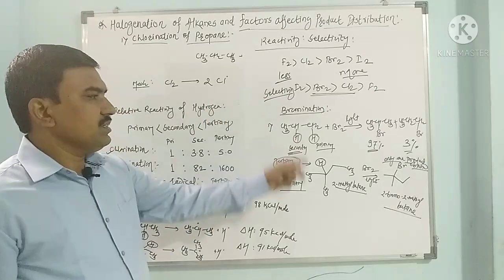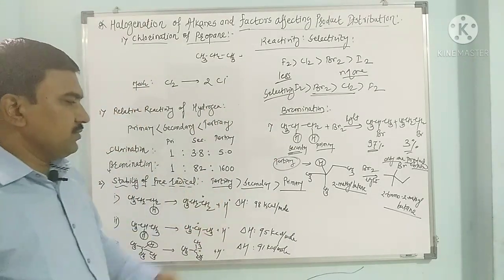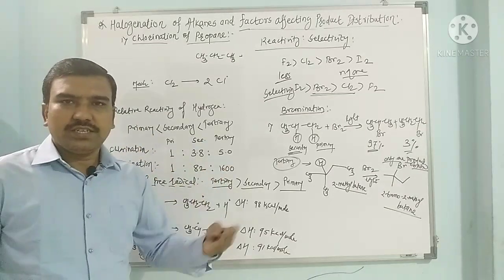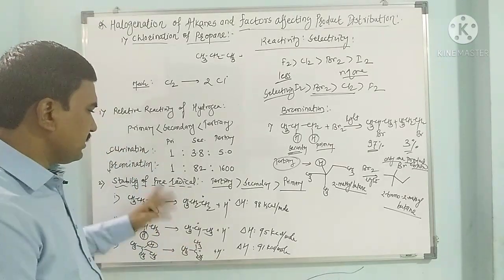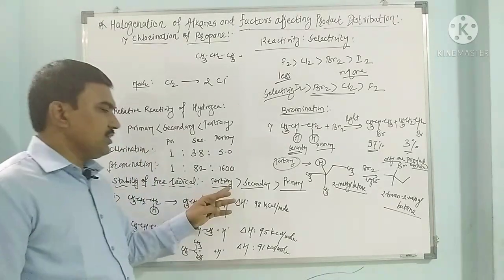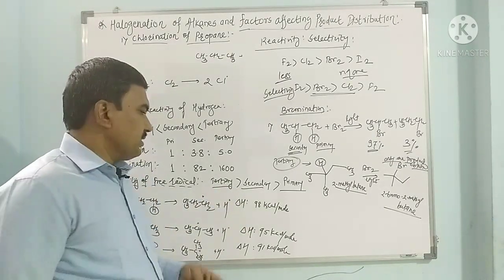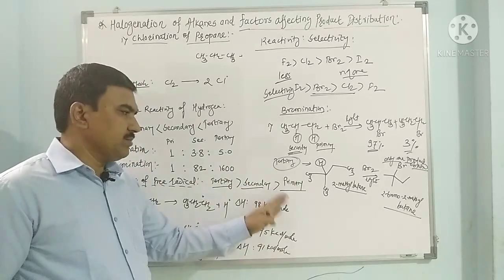In this way, we have discussed three kinds of product distribution factors. One is the relative reactivity of hydrogen, that is primary, secondary, tertiary hydrogen. Then there is the stability of free radical, which we can justify by using the inductive effect. The plus I inductive effect is very high in tertiary, then secondary, then primary.